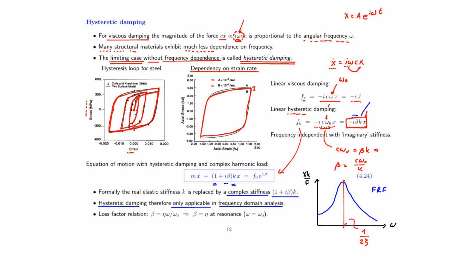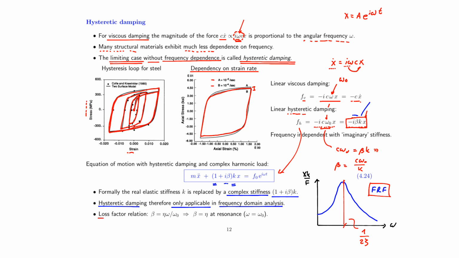If you're using a commercial code and you want to apply hysteretic damping, it's also sometimes referred to as structural damping, you will simply not have the option to conduct a time simulation. All the analysis for hysteretic damping will stay inside the frequency domain, and you're in principle left to a frequency response analysis like the one we considered in lecture number 2.